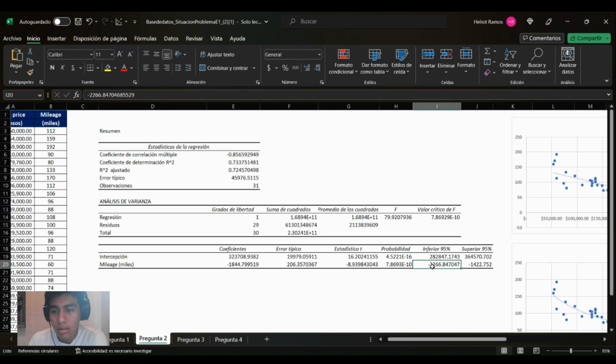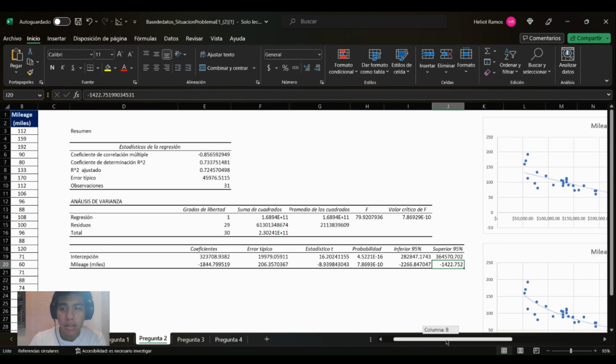Our limits are also on the negative side, with the medium in this little spot at minus 1,844, the inferior limit at minus 2,266, and the upper limit at minus 1,422.